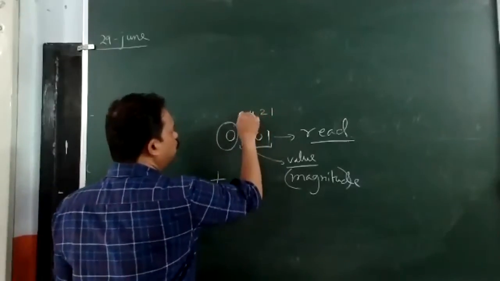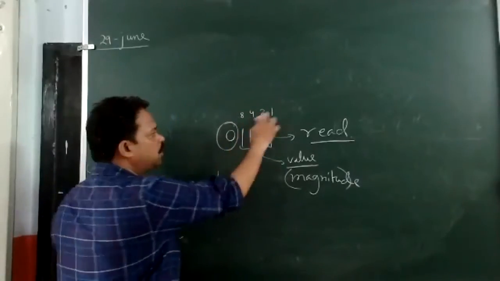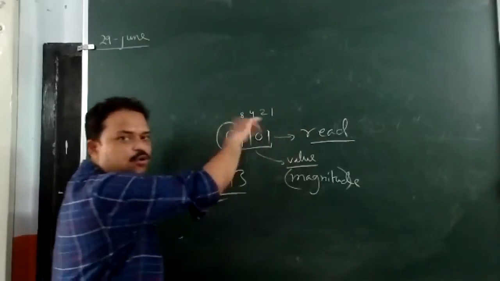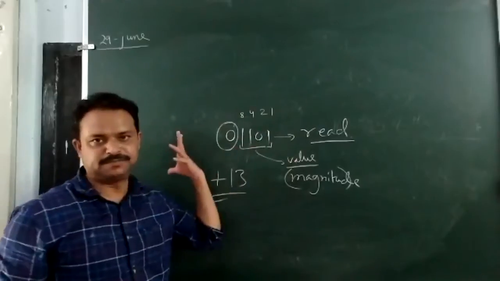The magnitude is 1, 2, 4, 8: 8 plus 4 is 12, plus 1 is 13. This is the value of plus 13.